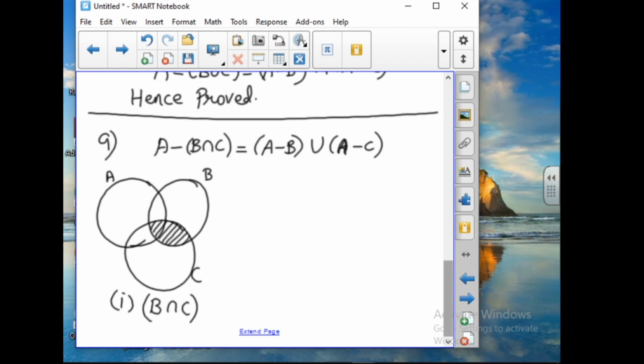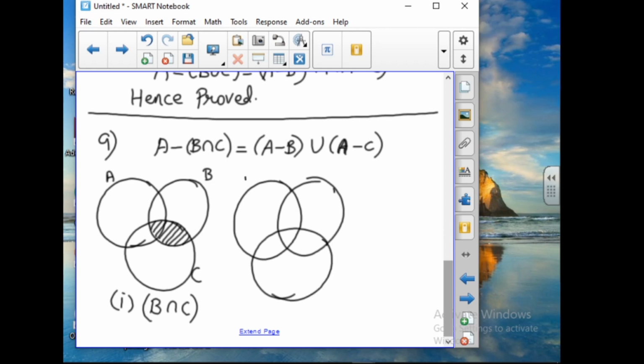Then next one. Here you are going to find A difference B intersection C. This is your second diagram. A difference B intersection C means in the A circle, you have to eliminate the part of B intersection C. So in the A circle, this is the only part that is included.